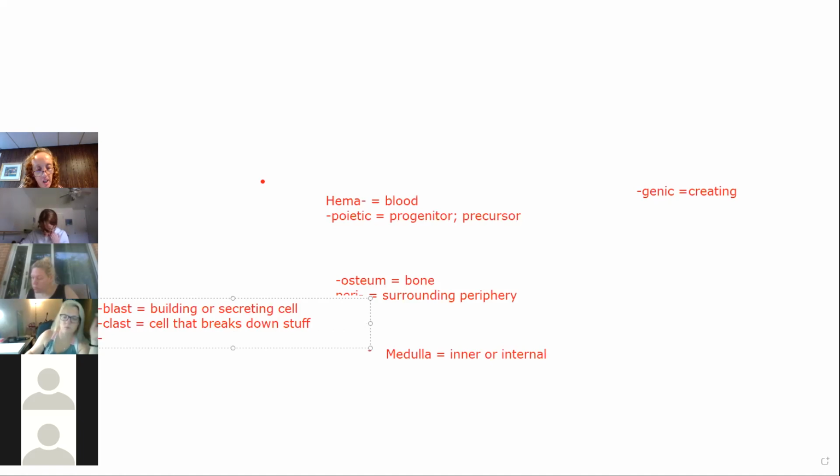Anytime you see the word cyte on the end of a word, that is a cell that is essentially in a state of maintenance, keeping things together by maintaining.